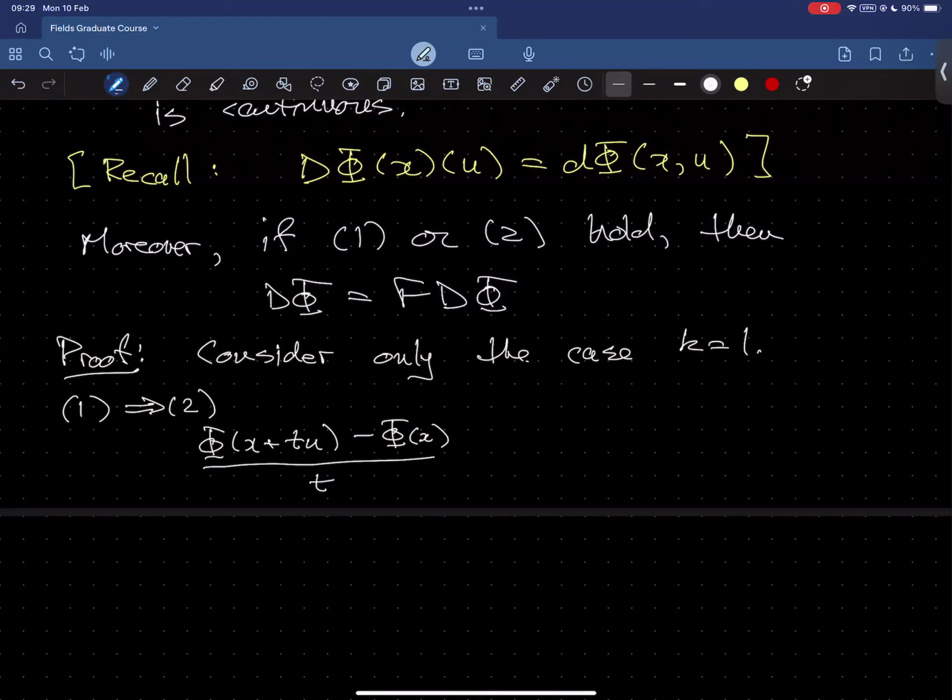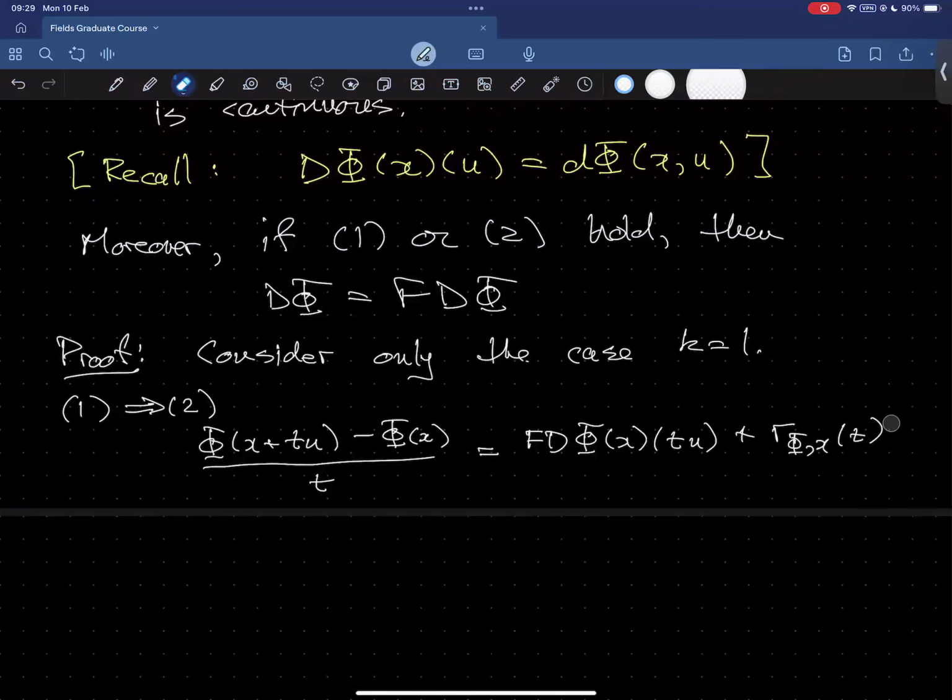Now by the definition of the remainder, and remember I'm assuming that it's of class FC1, so the derivative FD exists, this is FD phi of x applied to tu, plus the remainder R of x, tu. This is just by the definition of the remainder.